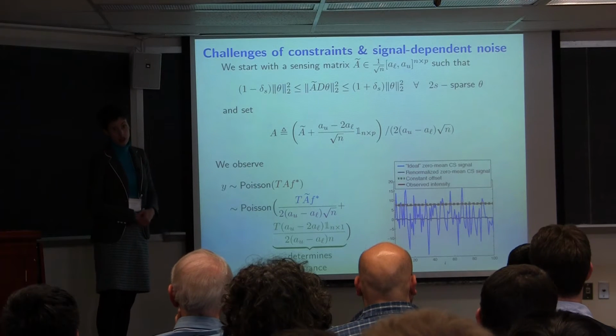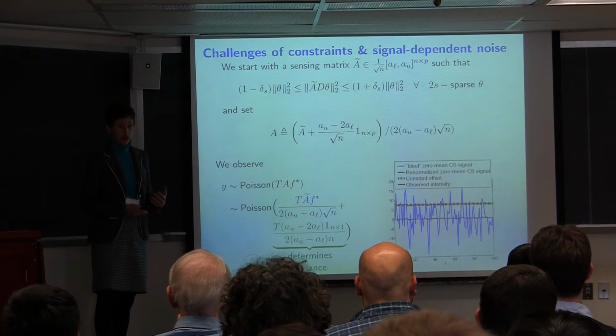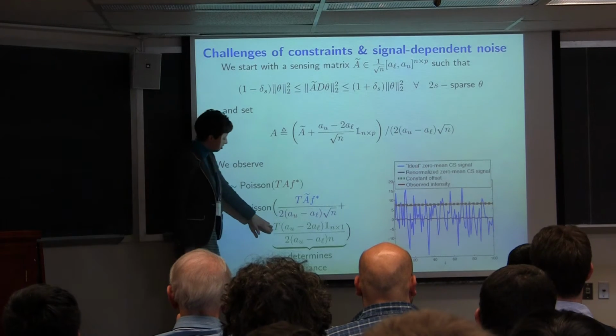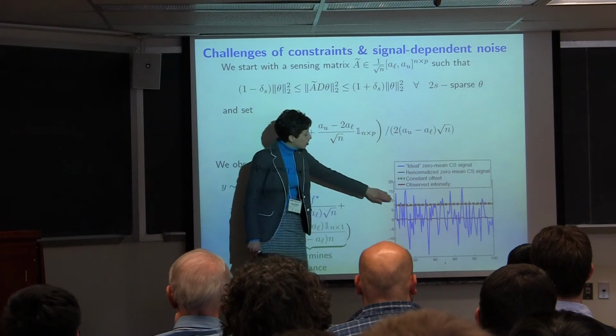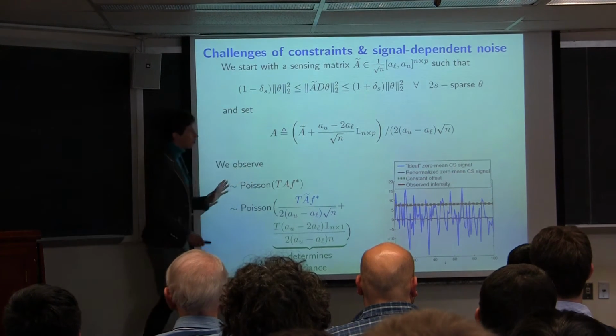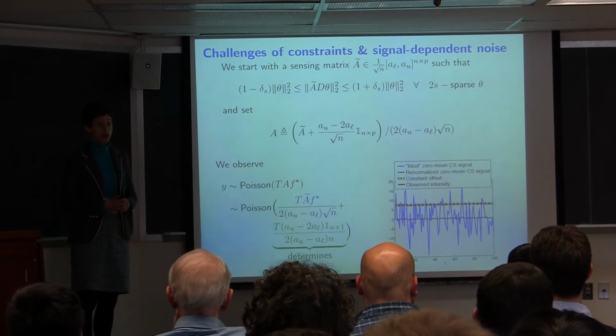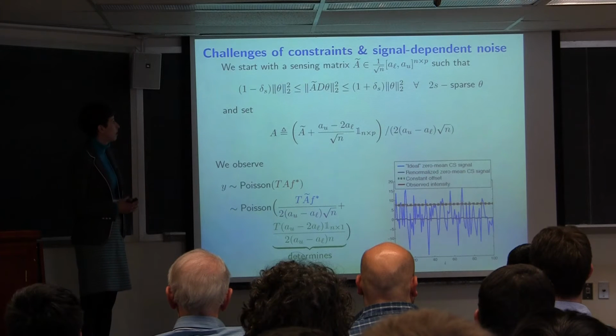One of the challenges is that, as some of you may know, the variance of a Poisson random variable is equal to the mean. So when we add this constant offset, we increase the mean of our signal, and therefore we increase the variance. This is the reason why compressed sensing with Poisson noise is particularly challenging.